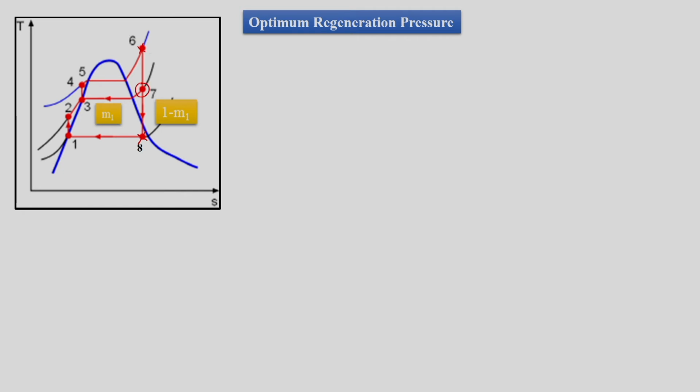But in this derivation we argue that pressure 7 can exist anywhere along this vertical line 6 to 8. But which would be the optimum, that is, the best condition for extracting or bleeding the steam?